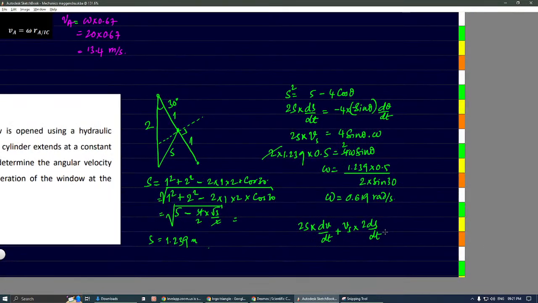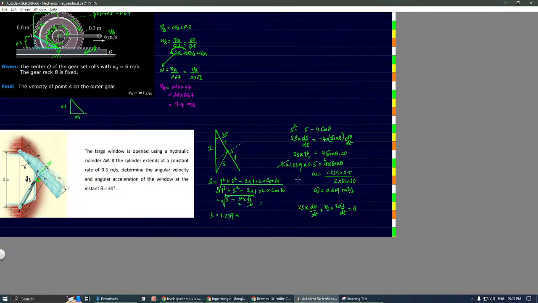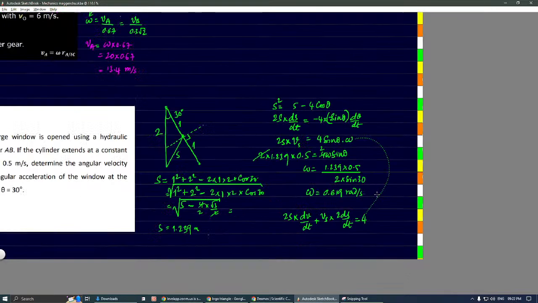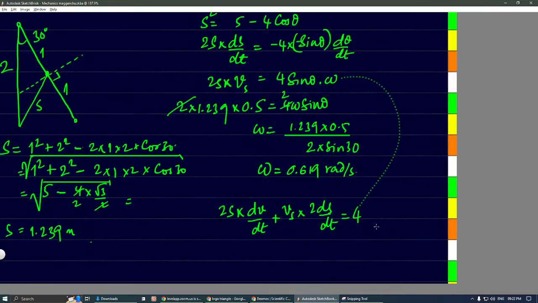This is equal to, here again we have theta and omega, both are changing, so sin theta into d omega by dt plus 4 omega, and this will become cos theta d theta by dt.